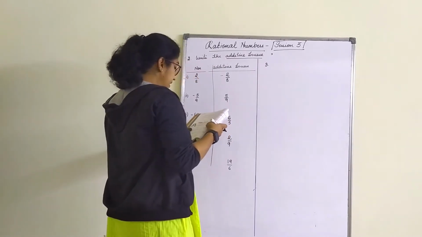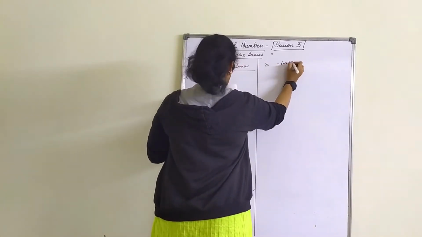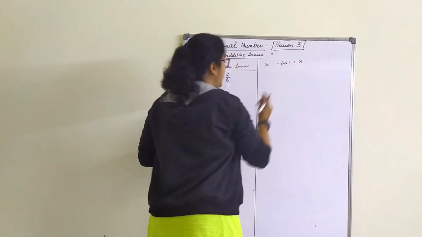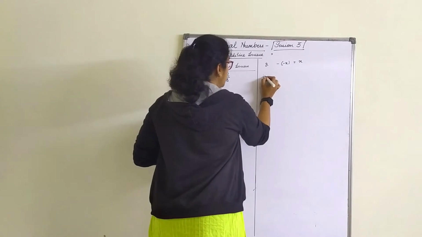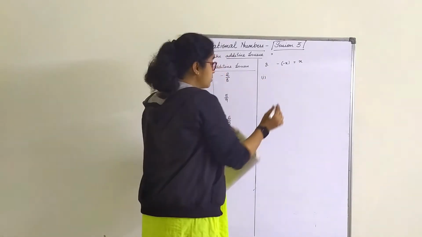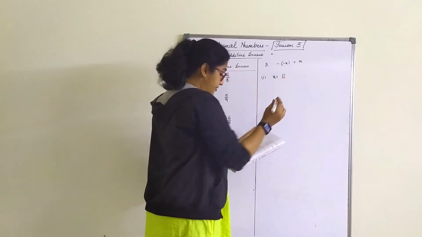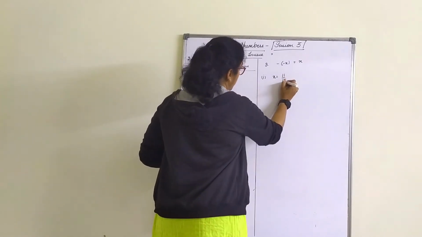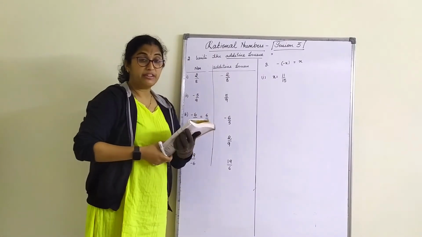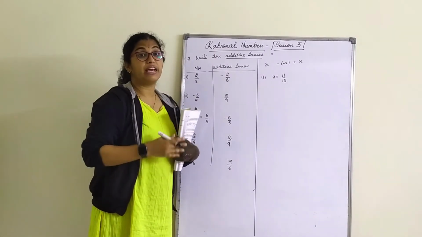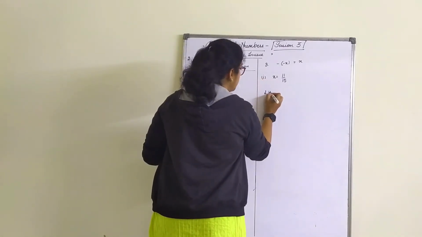The third one they have asked is verify that minus of minus x is equal to x, right? And we have to prove that. So here in the first one they have given the x value as 11 upon 15. We need to take LHS and we have to solve for RHS. So what is LHS here?